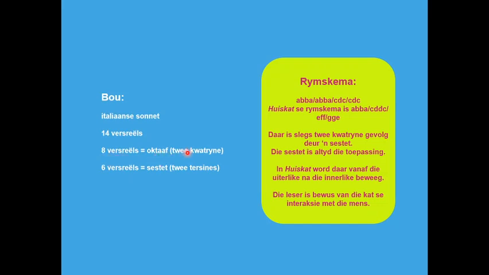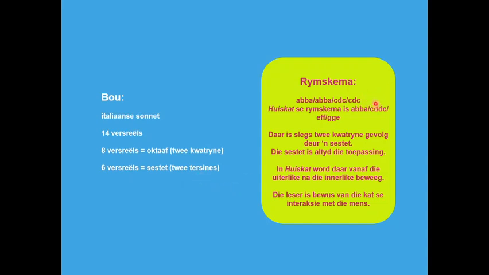The octave, in this case, is broken up into 2 quatrains, meaning 2 stanzas of 4 lines each. Then we have the 6 versies, the sestet, which is usually further broken up into 2 tercets, which is 2 stanzas of 3 lines, right?